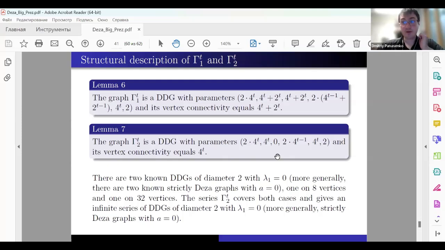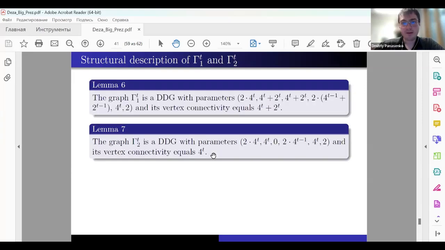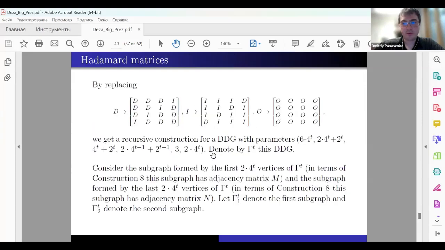But let's return to the vertex connectivity. Now we considered the vertex connectivity of each part after we remove 2 to the power 2t vertices. We basically say that the vertex connectivity equals 2 multiplied by 4 to the power t. And if we return to the formula, you can see that the degree of the vertex is 2 to the power 2 multiplied by 4 to the power t plus 2t.